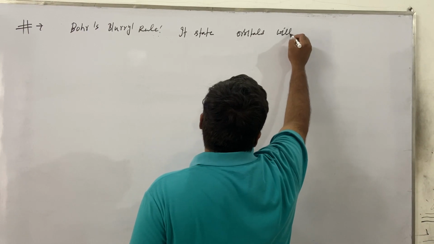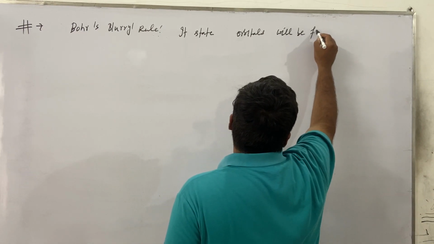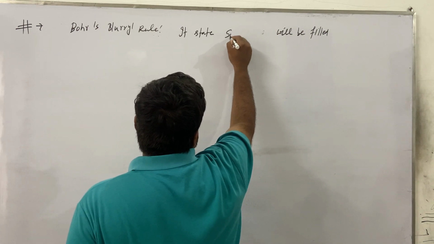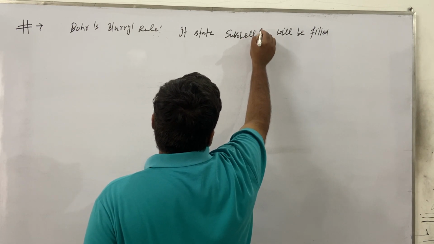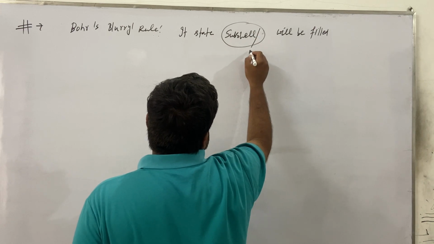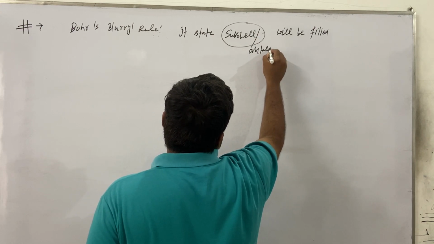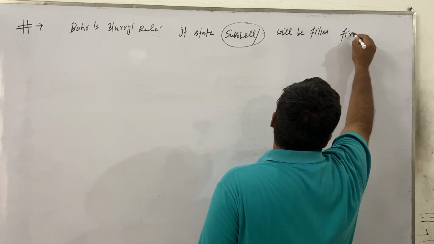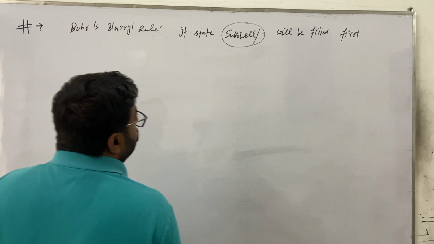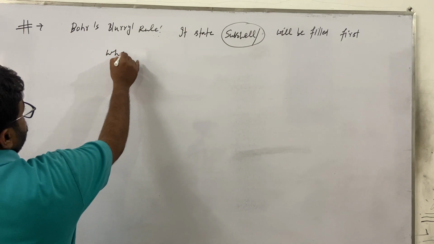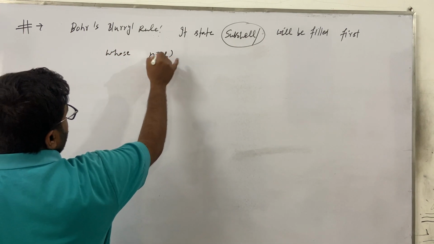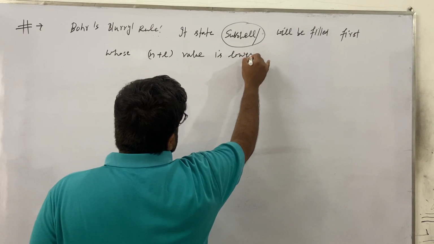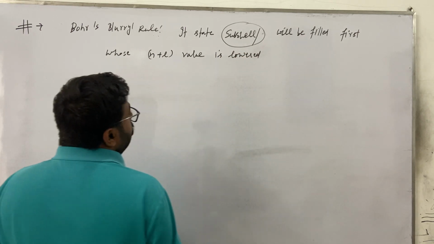It states that subshells slash orbitals will be filled first whose n plus L value is lowest.